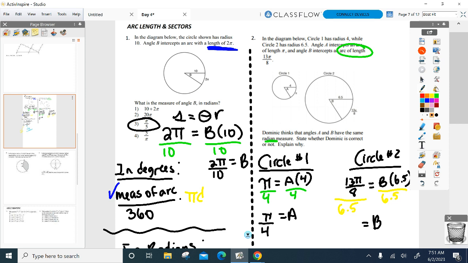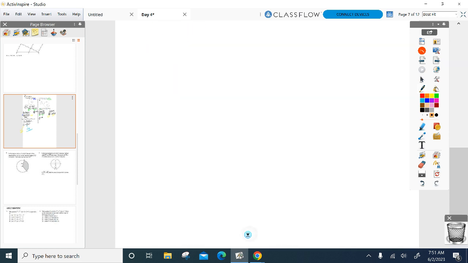And hopefully you guys notice they're the same decimals, I hope. Because I believe Big Dom is correct. How they look, good? All right, there you go. I'm just going to keep it pi over 4. So Dominic is correct here.